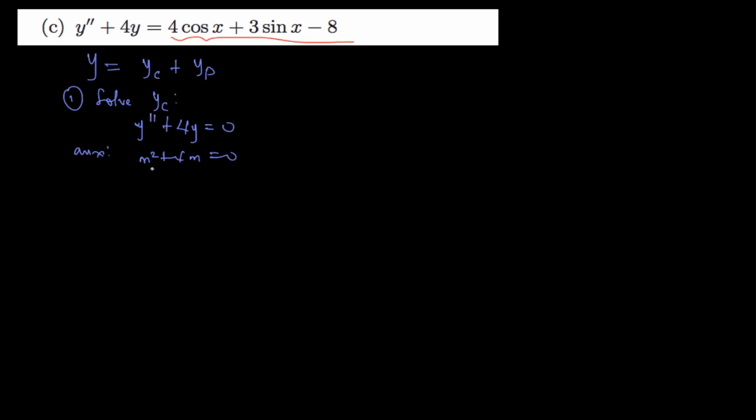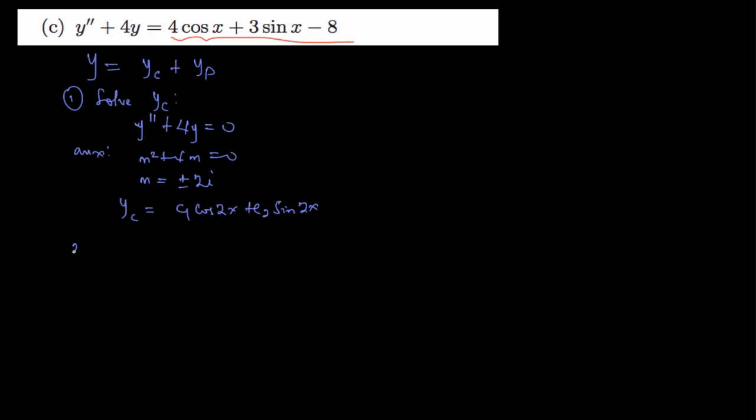On solving this, we obtain the complex numbers m equals plus or minus 2i. Based on the fact that we have complex roots for the auxiliary equation, our yc equals c1 cosine of 2x plus c2 sine of 2x.